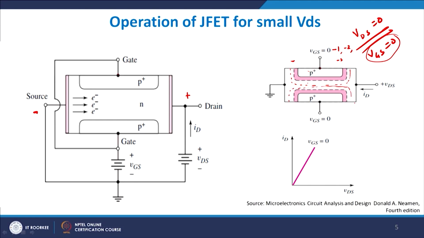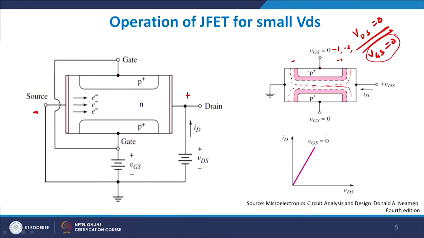So, when VGS equals to 0, your channel was fully open. You go on increasing the value of VGS in a negative fashion for an N channel, keeping your VDS constant at this stage. If you have P plus as your source and drain and N as your channel, then go on giving more and more negative value to the gate, and you will see that the depletion regions at both edges start growing together.